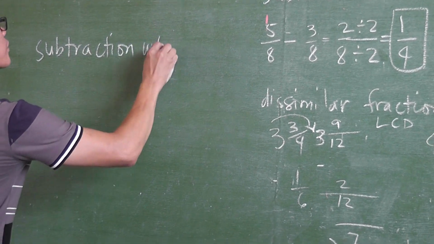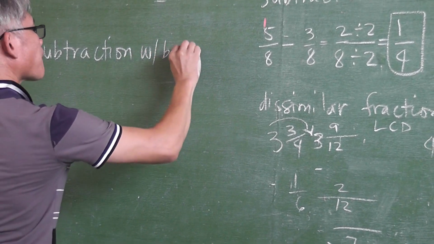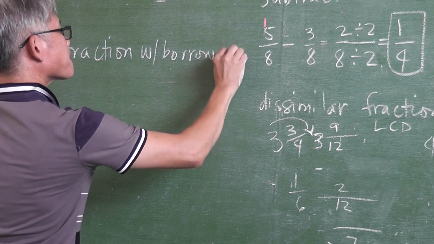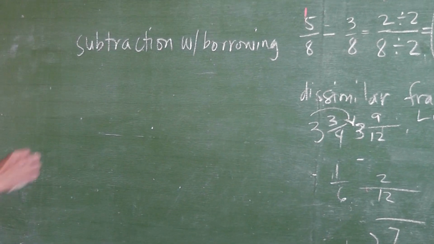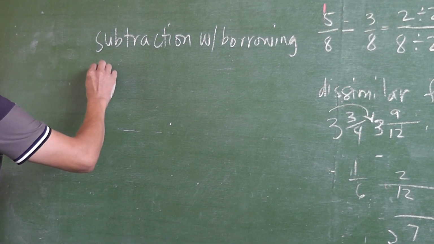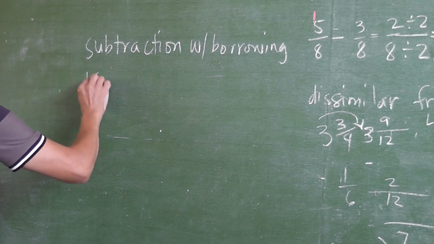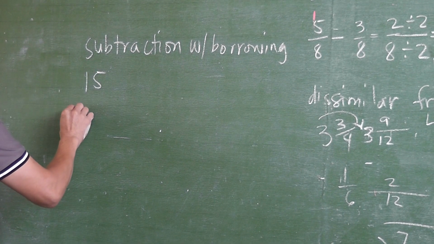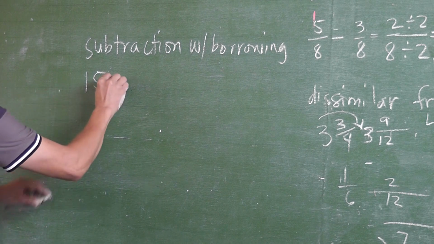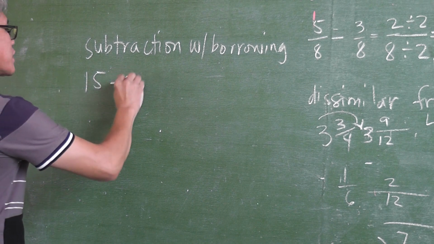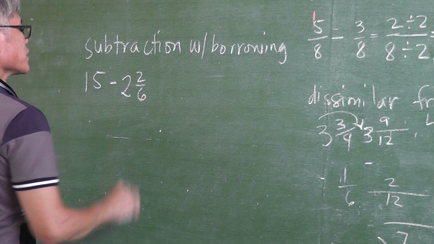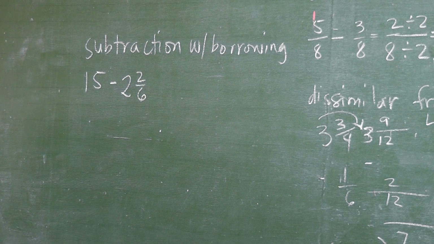I have here a whole number, for example, 15 minus 2 and 2/6.